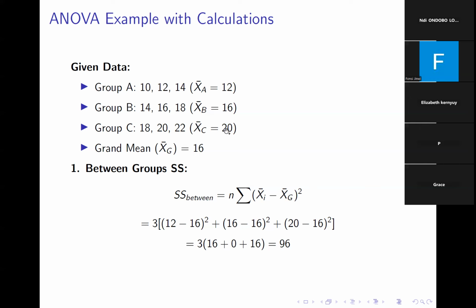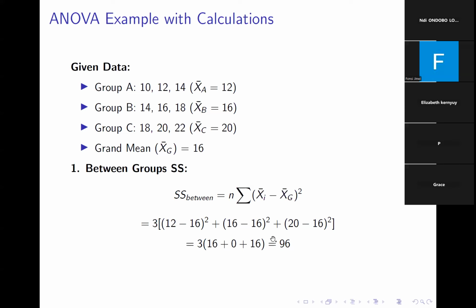The third group has a mean of 20, and then the difference between 20 and 16. You square each of these differences, and then you multiply by 3 because we have 3 groups. If you do that, you get 96 in this example. So the variance between the groups, which is what we are calculating here, will be 96.